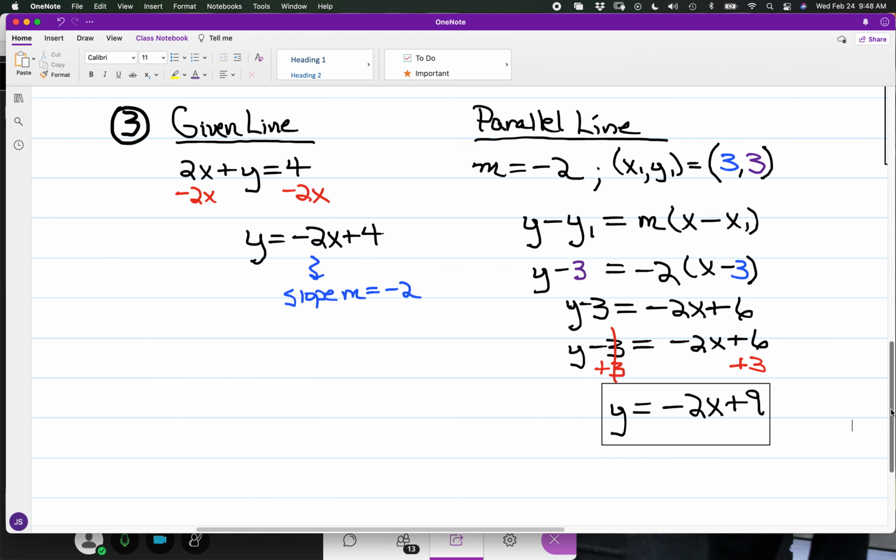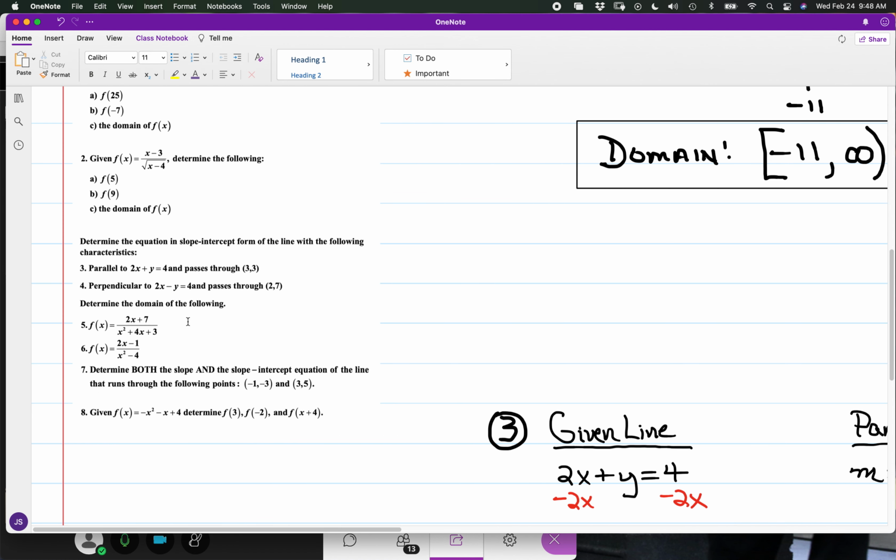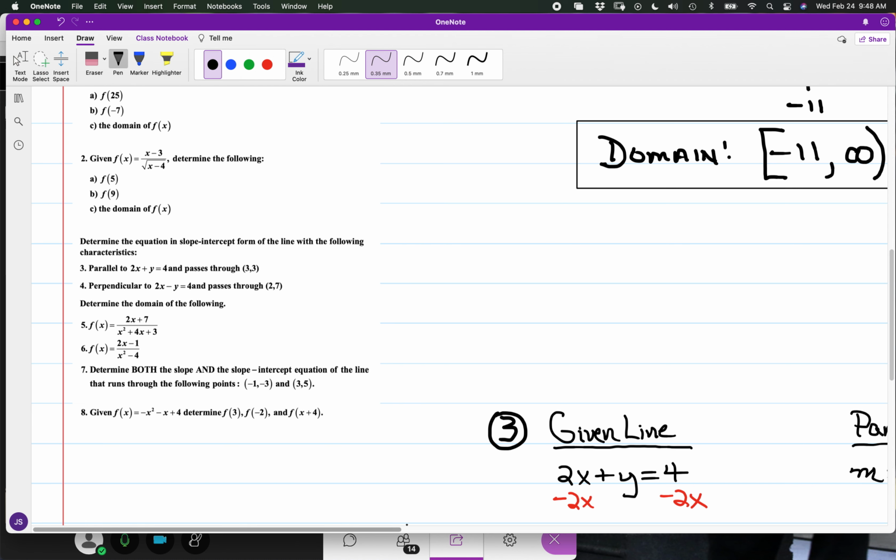And for item number 4, we're looking for the slope-intercept form of the equation of the line that is going to run perpendicular to 2x minus y is equal to 4, and that is going to pass through the ordered pair 2, 7.